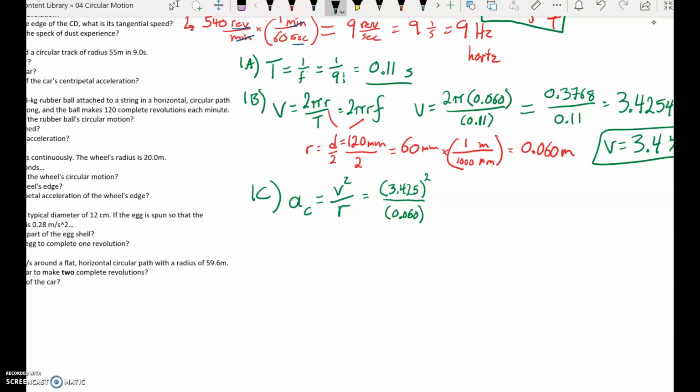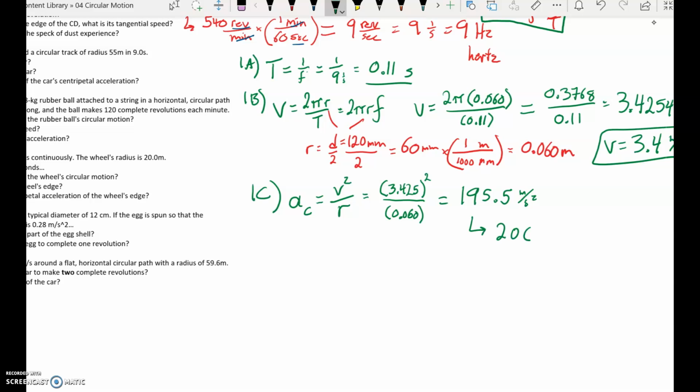Alright, so 3.425 squared is 11.73 divided by 0.060, and I get a centripetal acceleration of 195.5 meters per second squared. It's still the same units, it's still normal acceleration, but rounded to 2 sig figs, that gets a little funky.